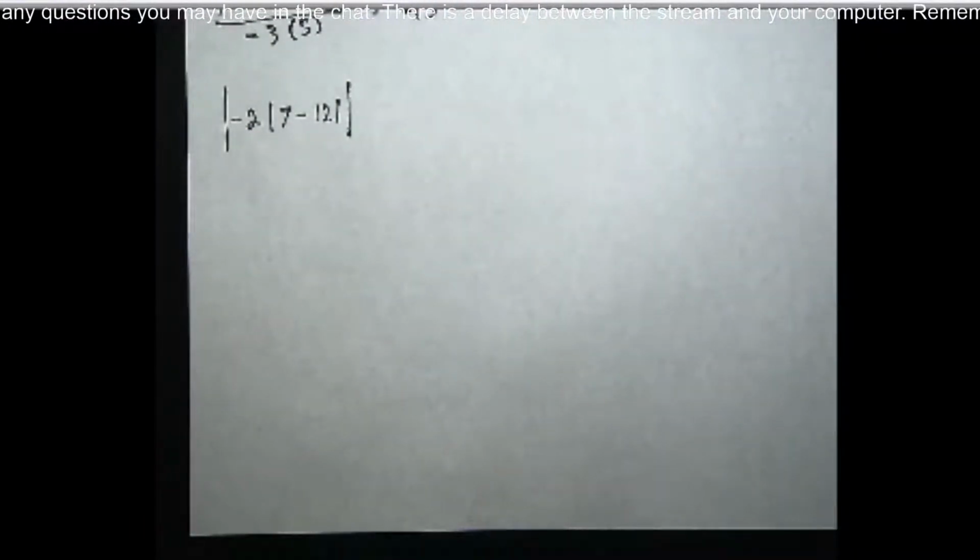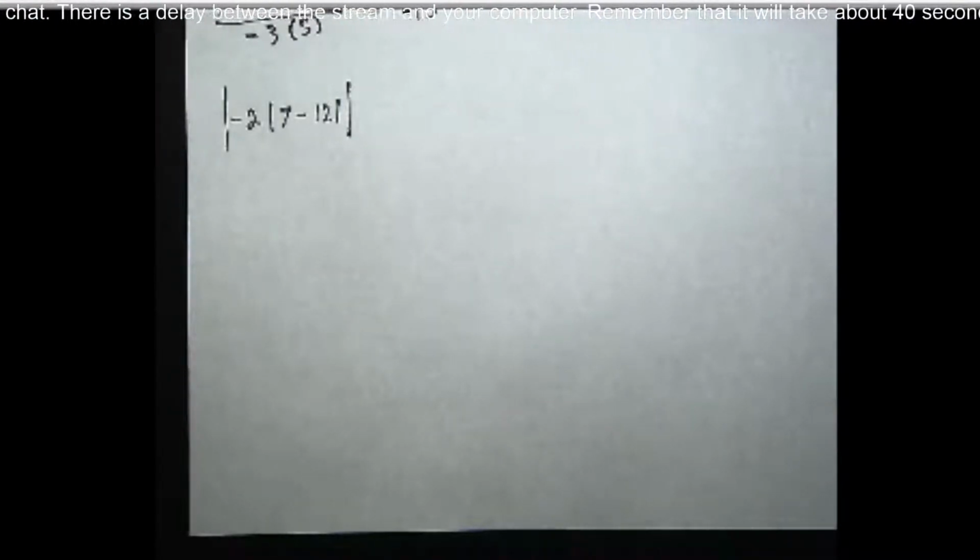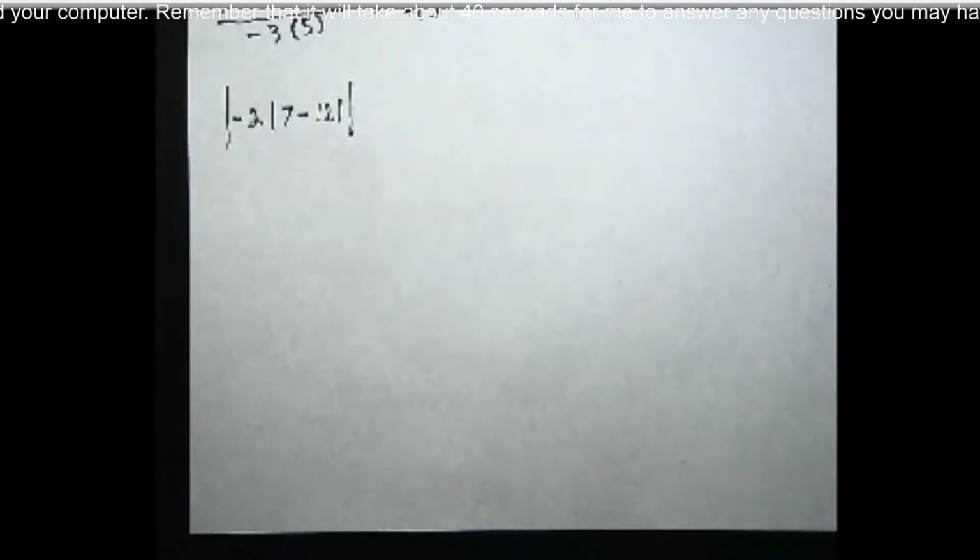Like I said, these work like parentheses. So we're going to go to the innermost set of absolute values, or the smaller ones, and do that first. So we have 7 minus 12. What's that give us? Yeah, negative 5. Thank you.